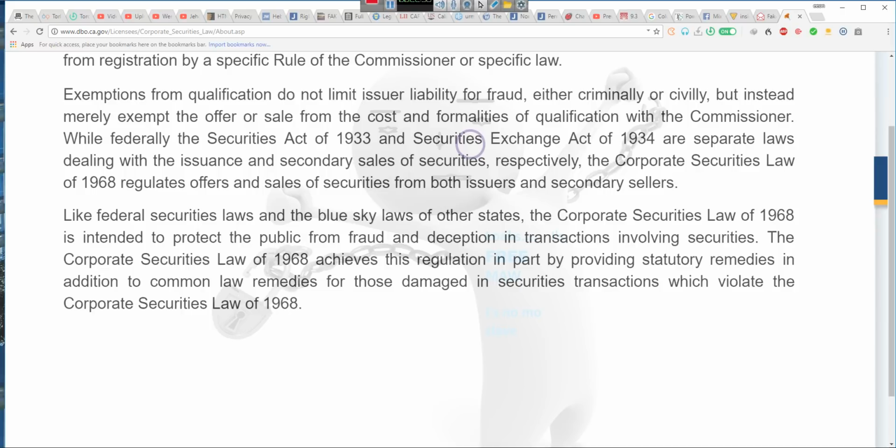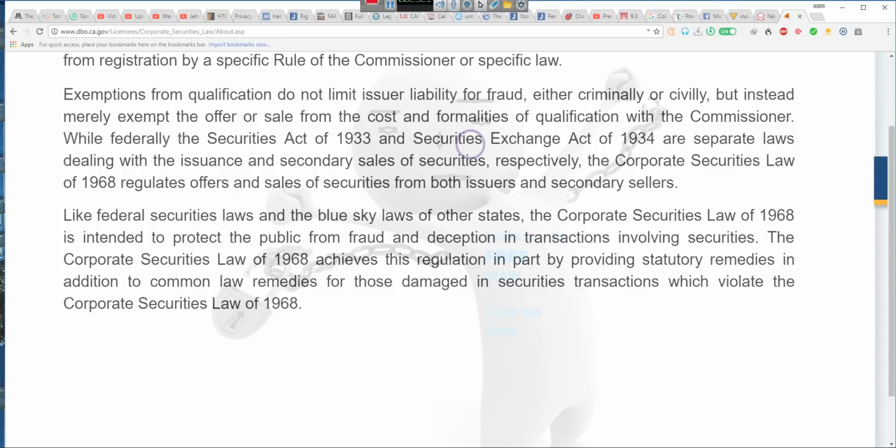While federally the Securities Act of 1933 and Securities Exchange Act of 1934 are separate laws dealing with the issuance and secondary sales of securities, respectively, the Corporate Securities Law of 1968 regulates offers and sales of securities from both issuers and secondary sellers.